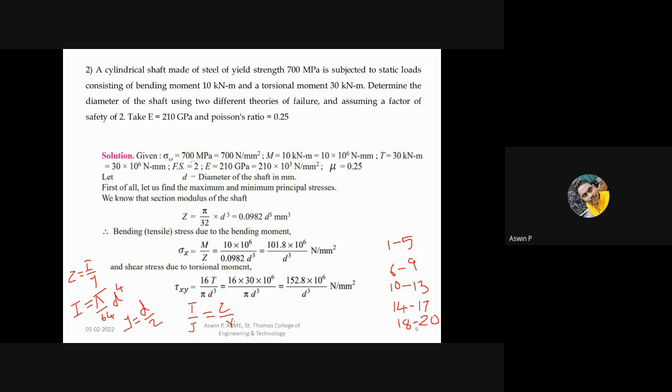When substituting this, you will get tau xy equal to 16T by pi d cube. When you solve this, you will get tau xy and sigma x. And from sigma x and tau xy, you need to find sigma 1, sigma 2, and tau max. After that, you can directly substitute. So, using this relation, find the values.